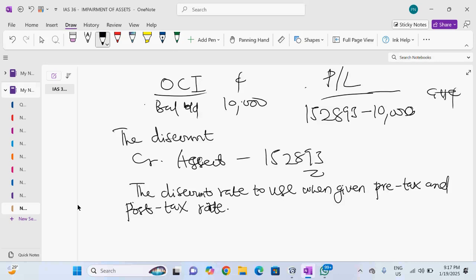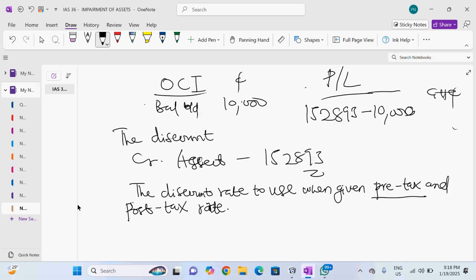IAS 36 Impairment of Assets states that in measuring value in use, the discount rate that should be used is the pre-tax rate, which reflects the current market assessment of the time value of money and the risks specific to that asset.